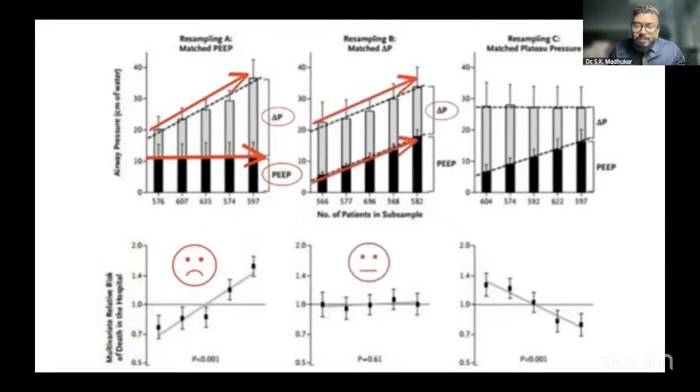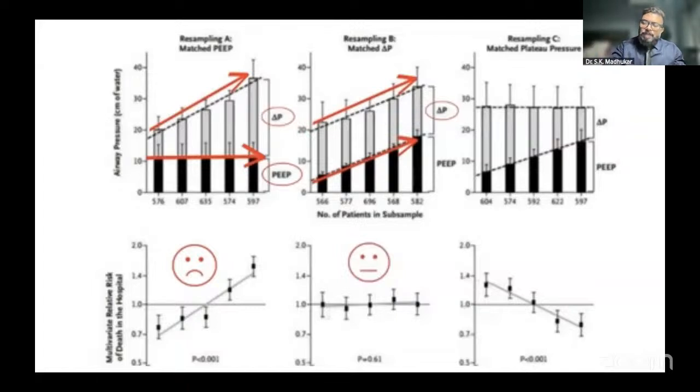Second, if you increase the PEEP and at the same time you are also increasing the plateau pressure, so the difference between plateau pressure and PEEP, that is the driving pressure, remains constant, then it has no effect on survival.